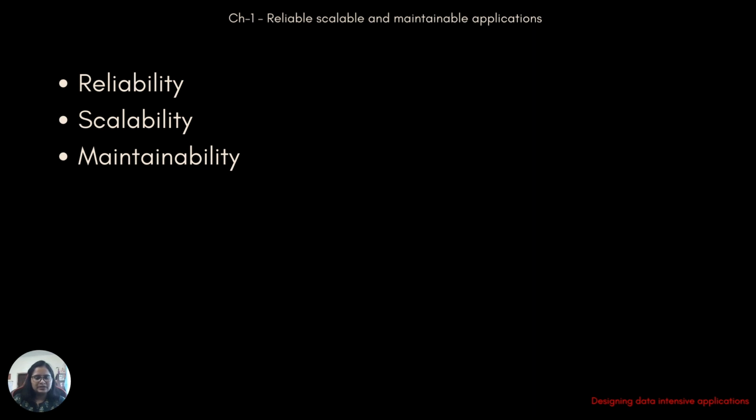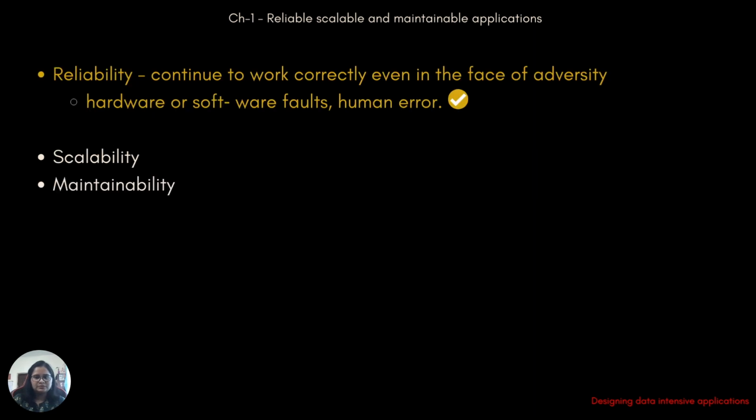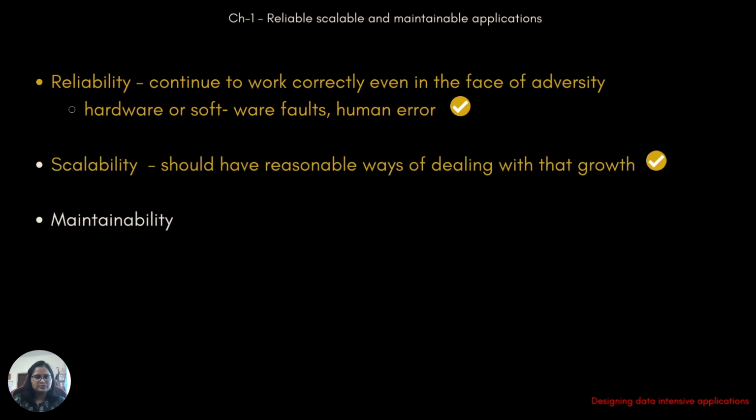What is reliability? The system should continue to work correctly, even in the face of adversity, meaning hardware or software faults, or even human error. What is scalability? As the system grows, there should be reasonable ways of dealing with that growth.